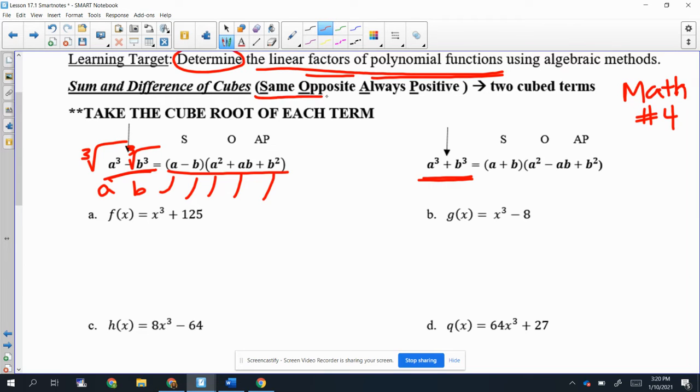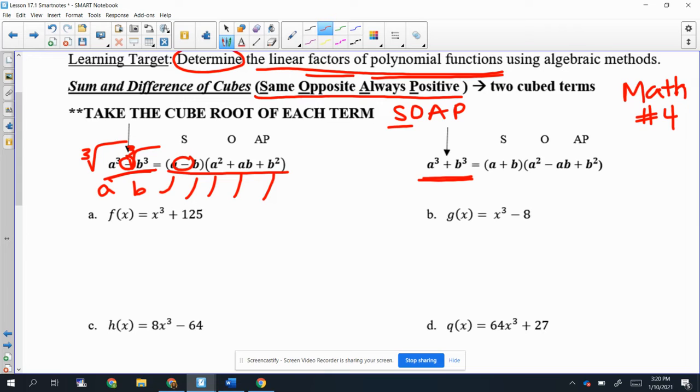And then this phrase here helps us to figure out what the signs should look like. Okay, and we like to call this phrase SOAP. Okay, because that's what the first letter of each one represents. So the S stands for same, and that means that your first sign is always going to be the same as it was in the original problem.